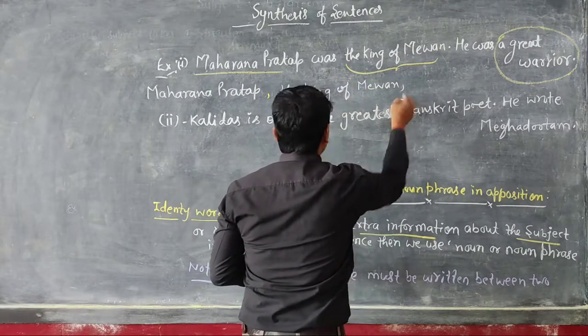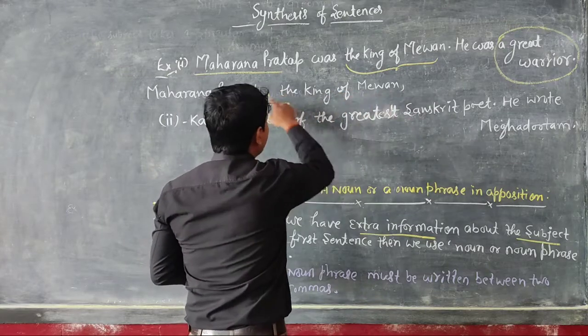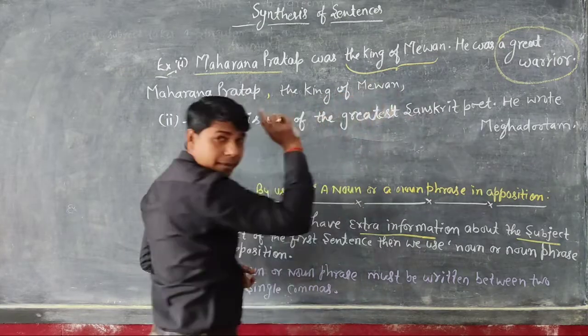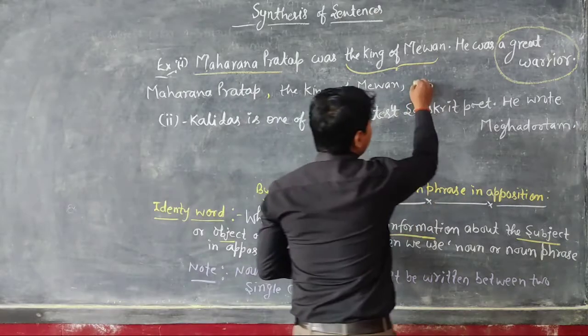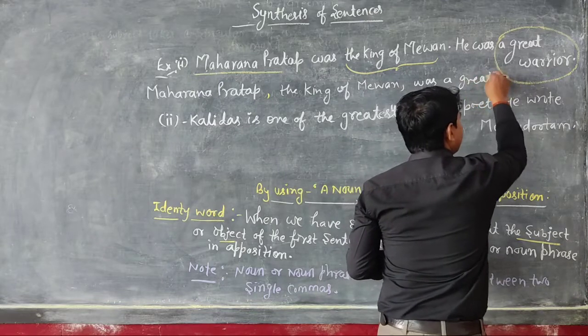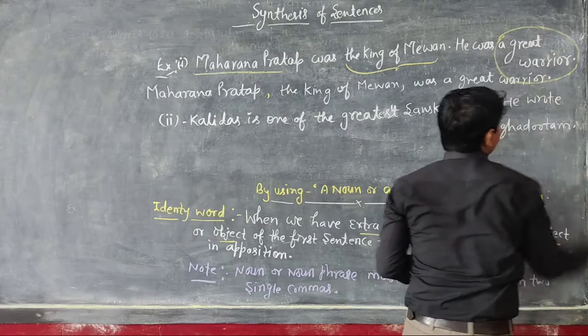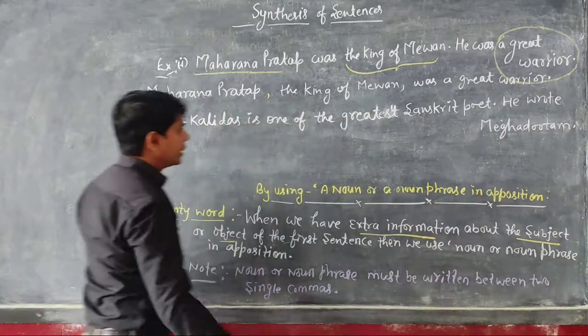Put a comma again. This is the noun phrase, and a noun phrase always comes in two single commas. After that you will mention: was a great warrior. Is that clear?